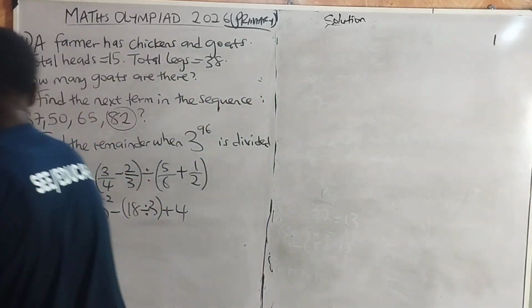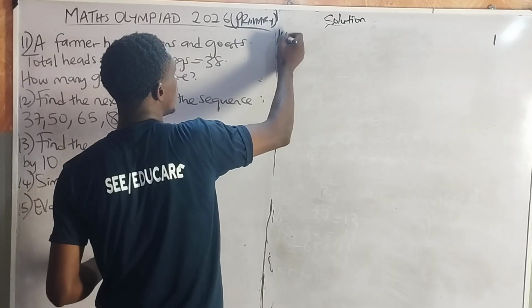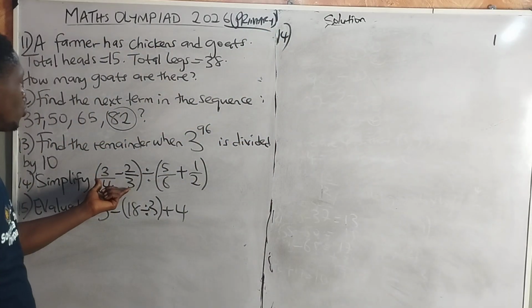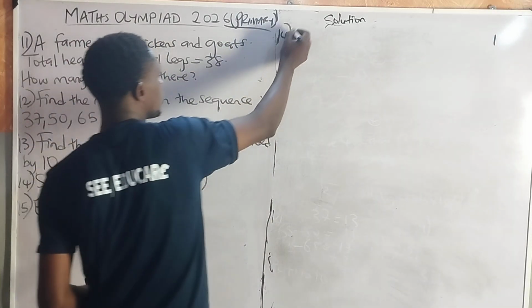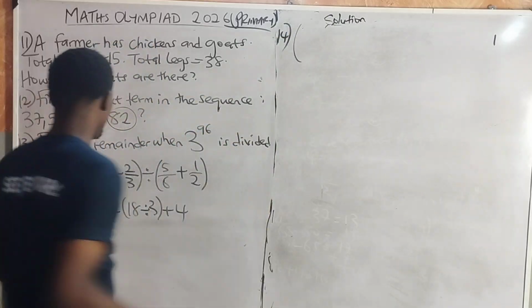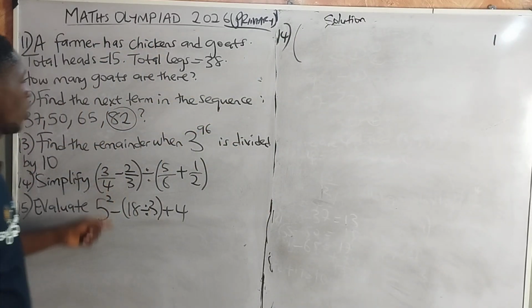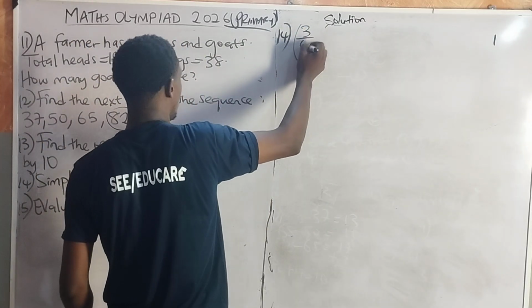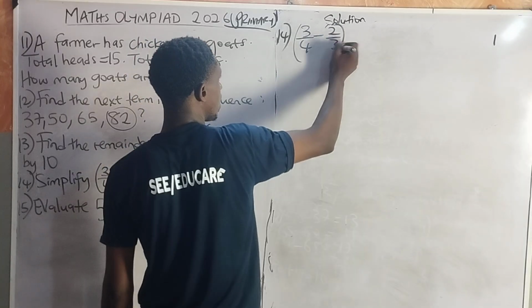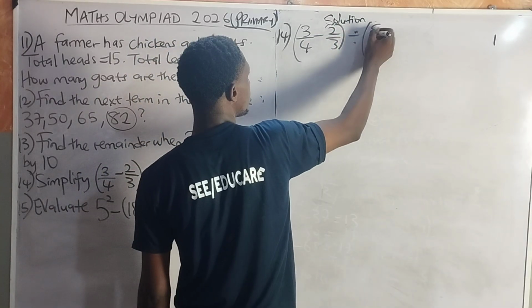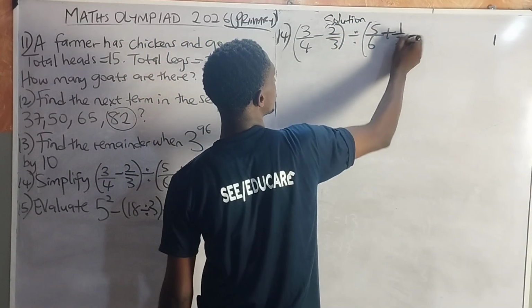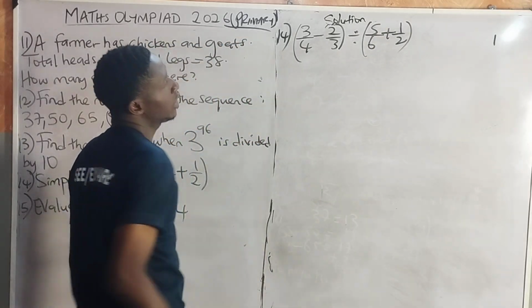So we go to number 14. We have simplify. Let's start with this bracket here. We have 3 over 4 minus 2 over 3, divided by 5 over 6 plus 1 over 2. So how do we do this?